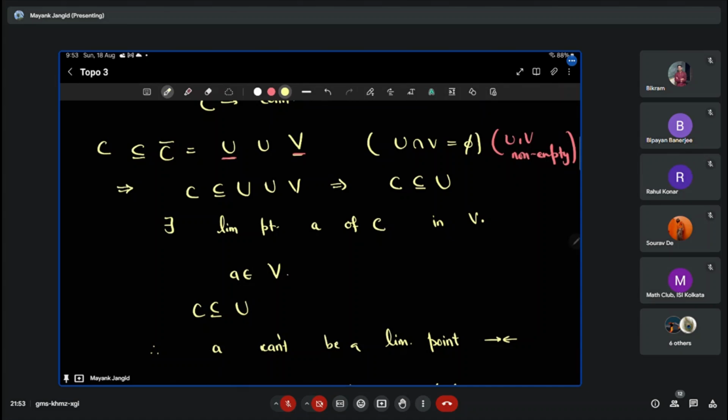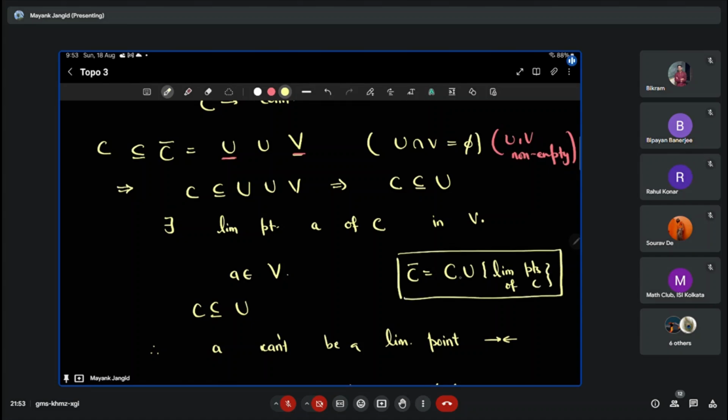So what I said is, let's say C lies entirely in U. The closure of C is equal to C union the limit points of C. But C lies entirely in U, and we know that V is non-empty.